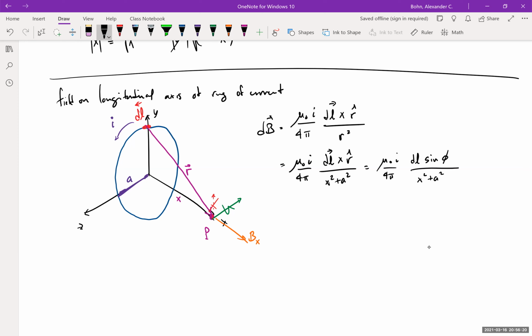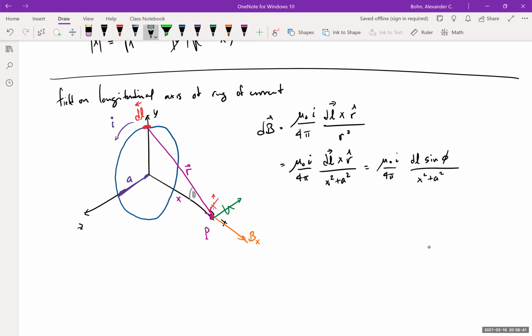But what is the sine of the angle between dl and r? It's tempting to try to label it here, but that isn't the angle between dl and r.